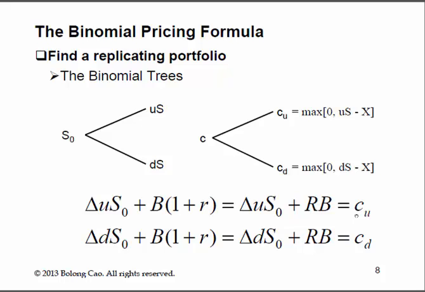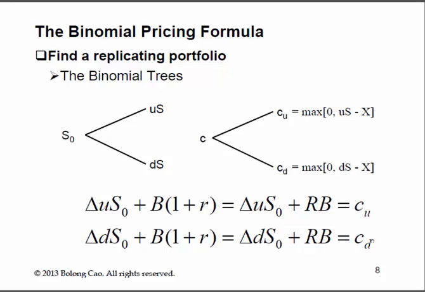That's what we need. On one hand, we need to know delta and the borrowed amount to formulate our replicating portfolio, so we have two unknowns. On the other hand, we need the payoff from this replicating portfolio to give us the payoff for the call option in both the up state and the down state.